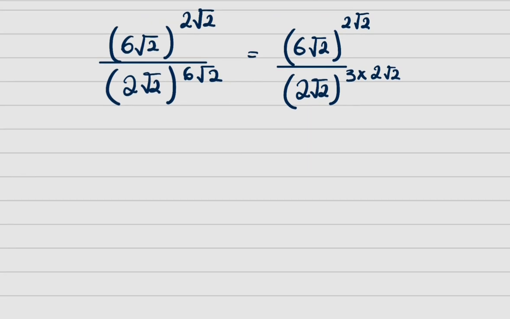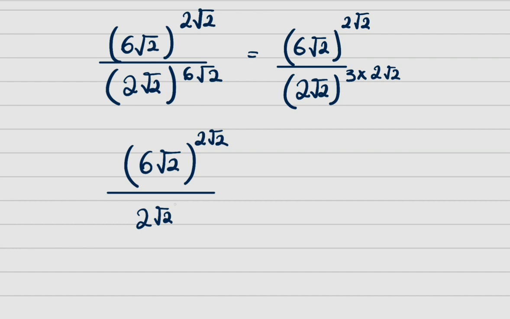Now I can go ahead to write it as 6 root 2 all raised to power 2 root 2, then all over 2 root 2 raised to power 3 all raised to power 2 root 2. You can see the powers are the same now, both for the numerator and the denominator.